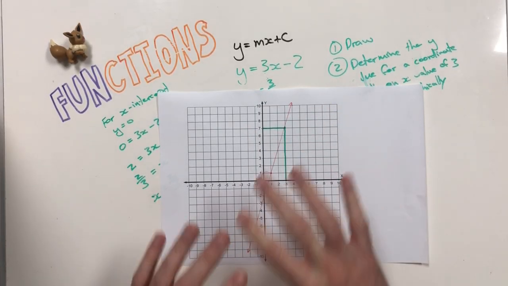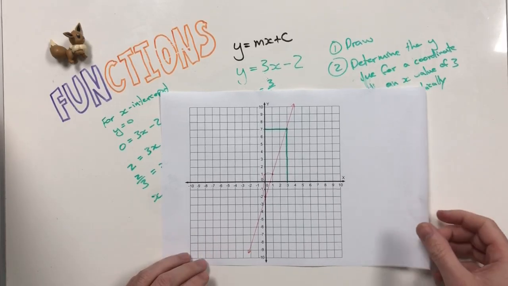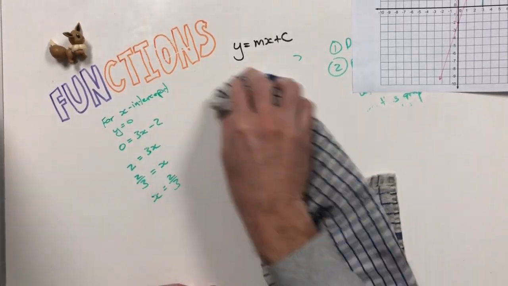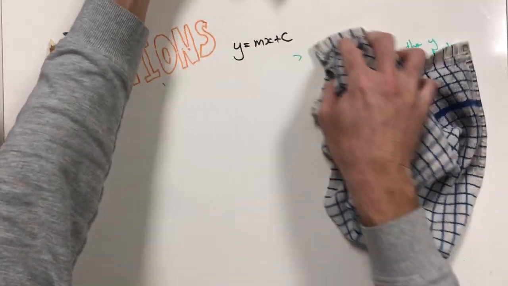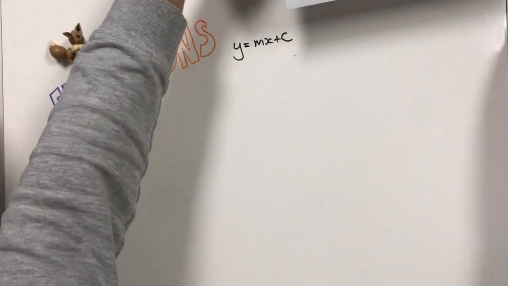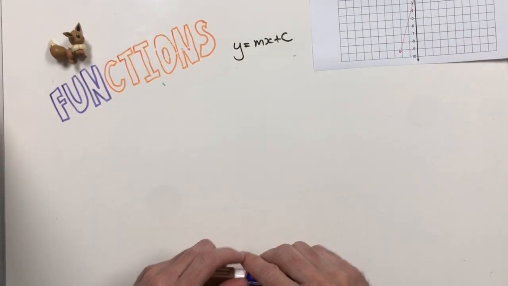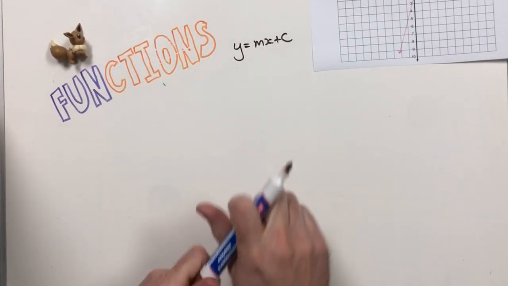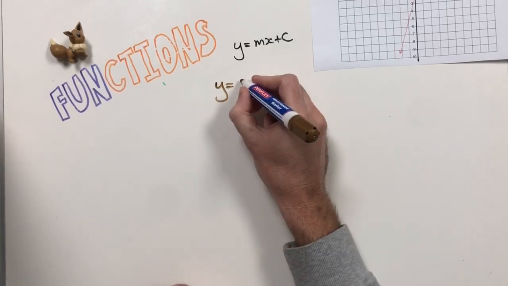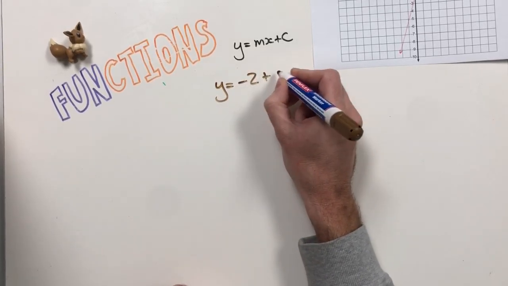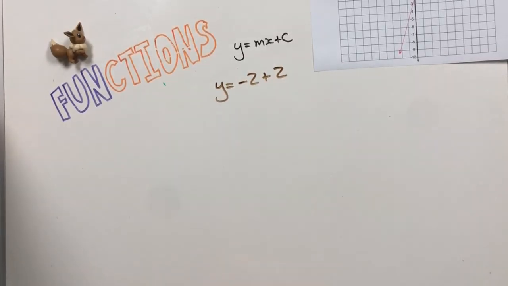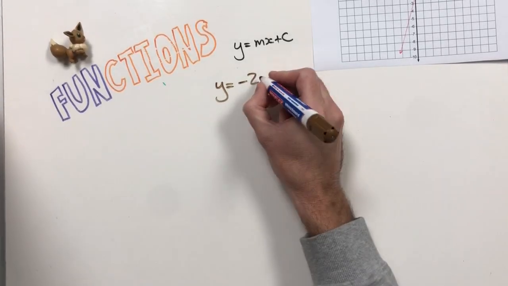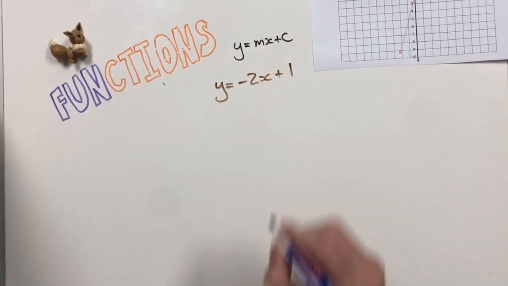Let's draw another example, and we'll find something else graphically. Let's do one more example. Let's do y is equal to -2x plus 1.